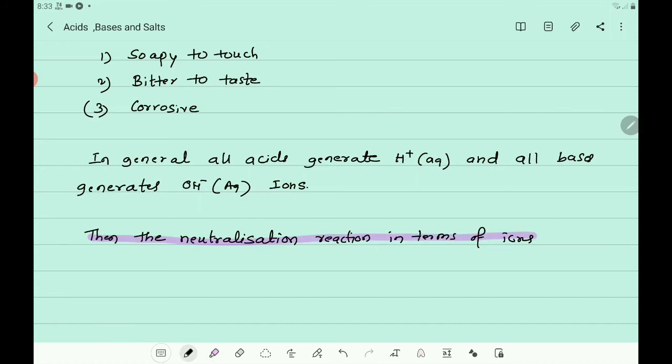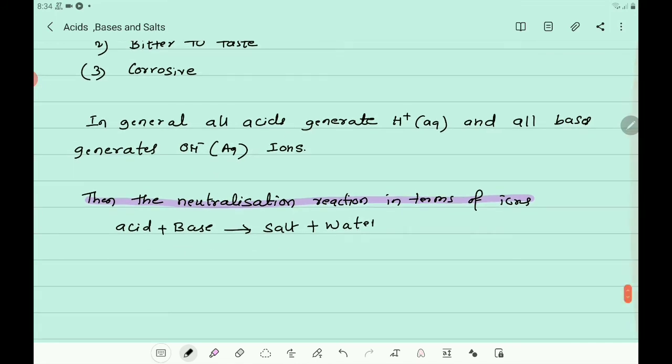Here you know that acid plus base gives salt and water. That is the neutralization reaction. And acid means H will be there and X other ion, plus MOH. Here H is plus, X is minus, and here M is plus, OH is minus.